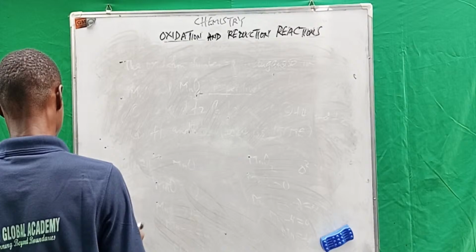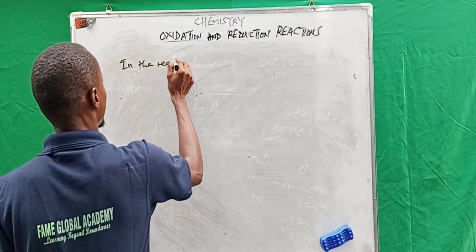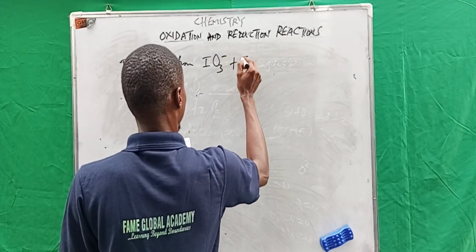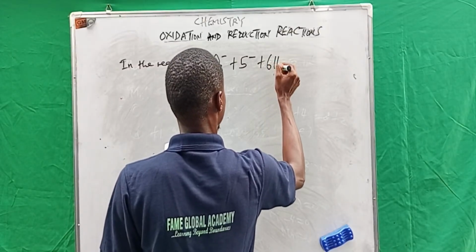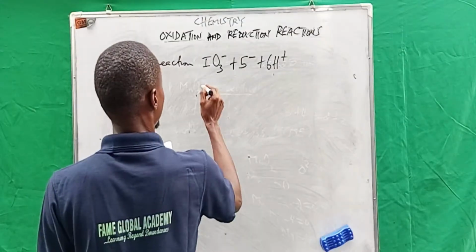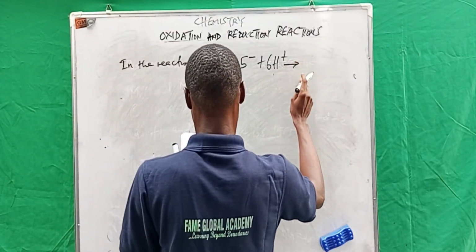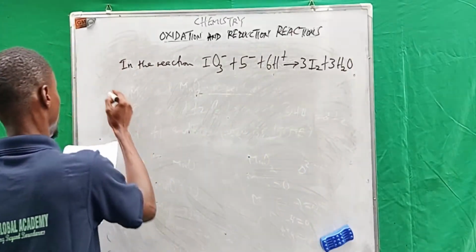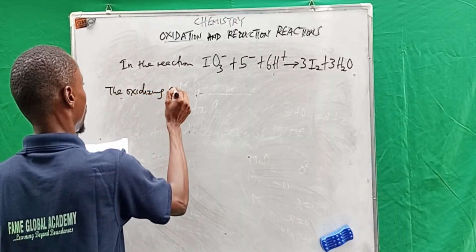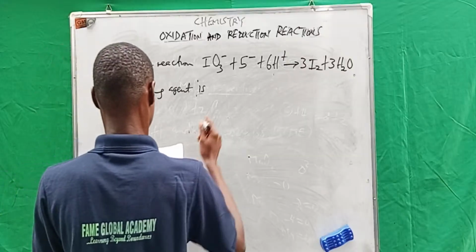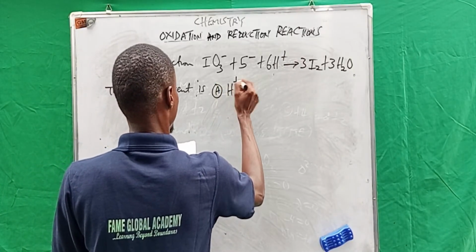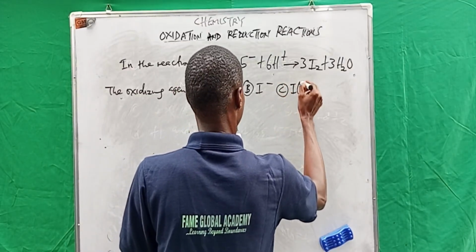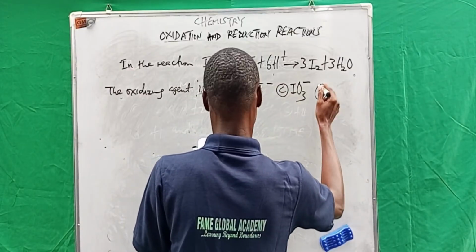We have a question on the board that says, in the reaction IO3 minus plus 5I minus plus 6H plus to give 3I2 plus 3H2O, the oxidizing agent is: A, H plus; B, I minus; C, IO3 minus; D, I2.